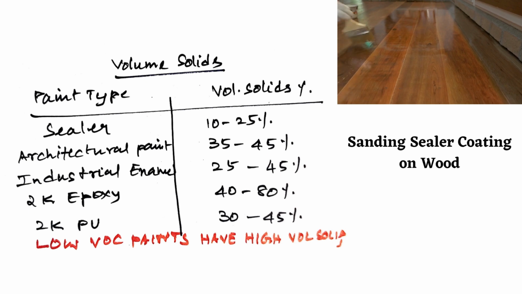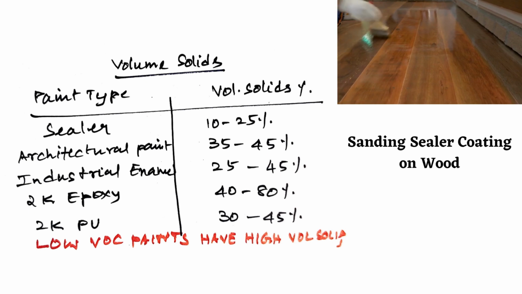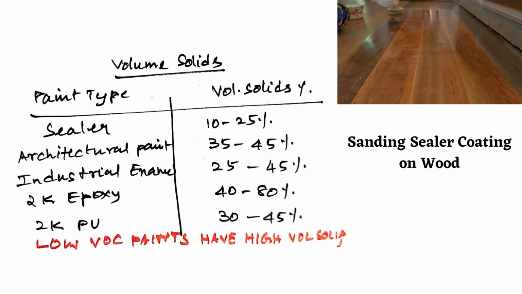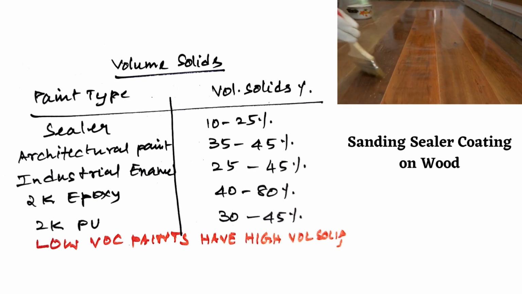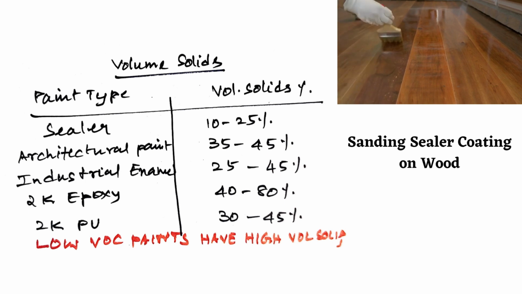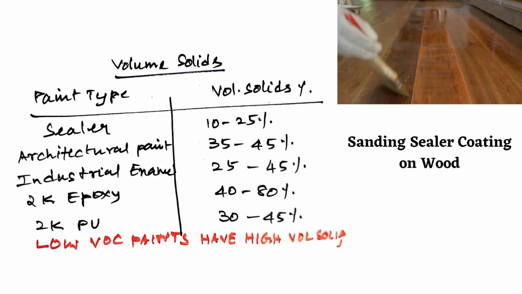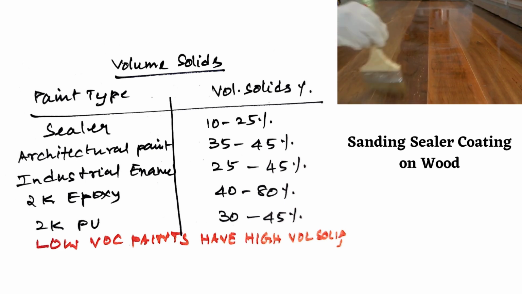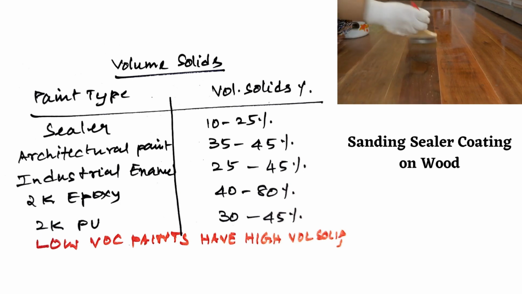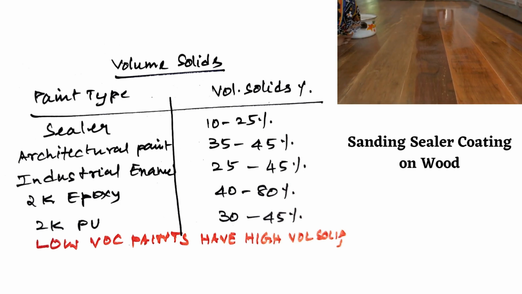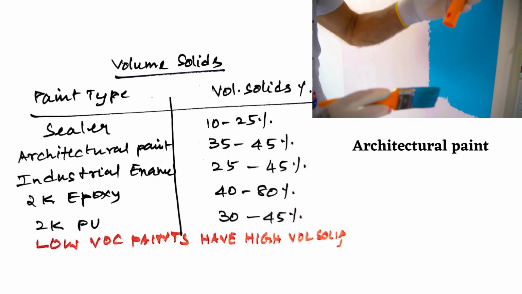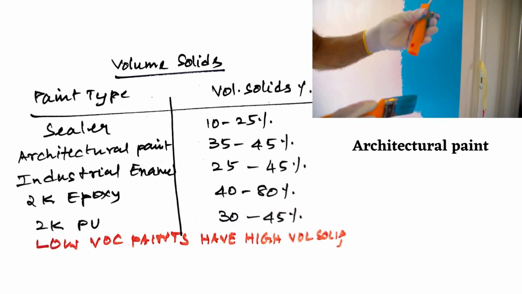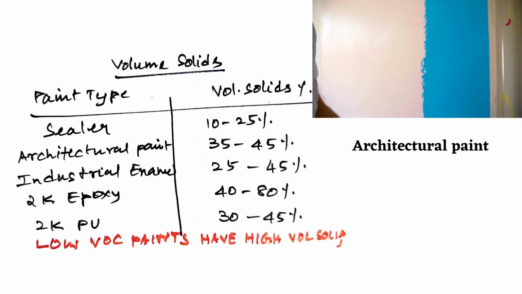This volume solids is a very useful parameter, and we have different volume solids for different types of paint. For example, sealer type paints have volume solids between 10% and 25%. Architectural finishes range between 35 and 45%.